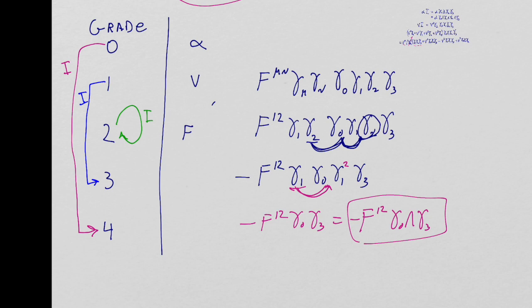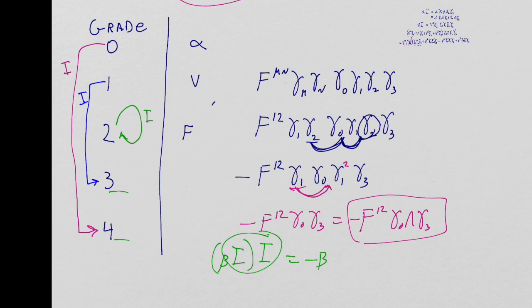Phew. Now I'm not going to do 3, but 4 is really easy. You take a pseudoscalar, beta I, and you multiply it by I, and you get minus beta, because I squared is famously minus 1 in the space-time algebra.